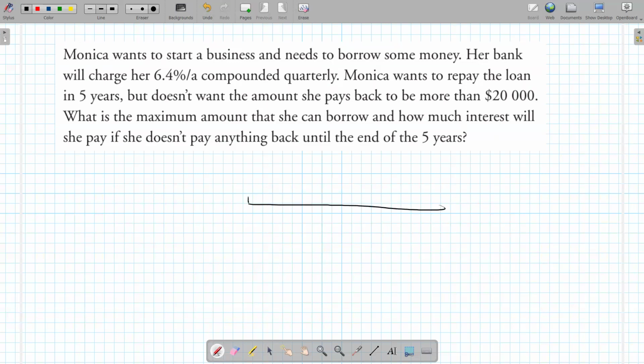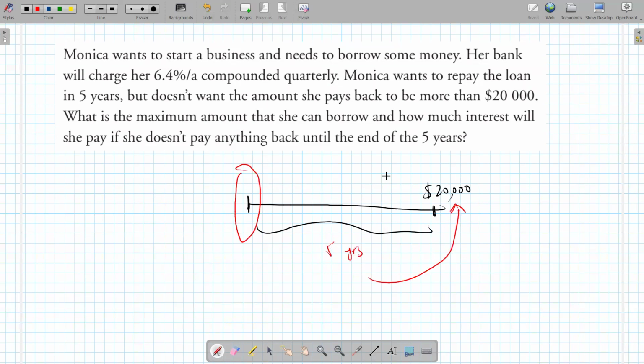So we're here today, and in 5 years she wants to pay back an amount not more than 20,000. What is the maximum amount she can borrow today? And how much interest does she pay if she doesn't pay back anything until the end of 5 years?